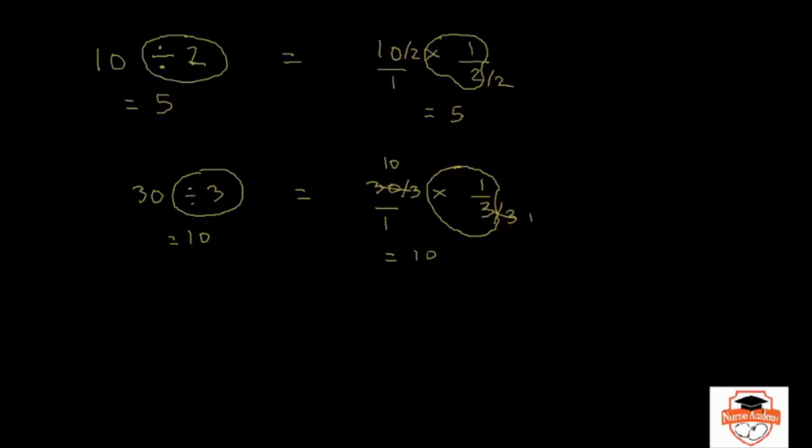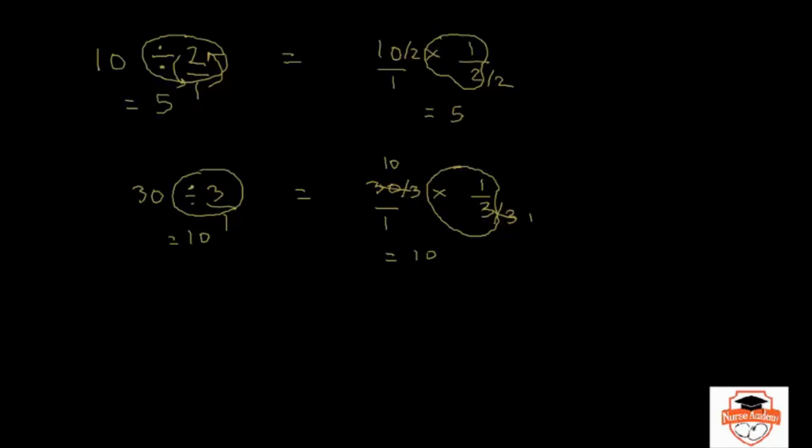Now 2 is nothing but 2 over 1. 3 is nothing but 3 over 1. So when you are dividing a number with 2 over 1, as we see here, the division changes to a multiplication, and the second fraction is flipped over. The numerator comes down and the denominator goes on the top. So we have 2 over 1 changed to 1 over 2, and the division changes to a multiplication.